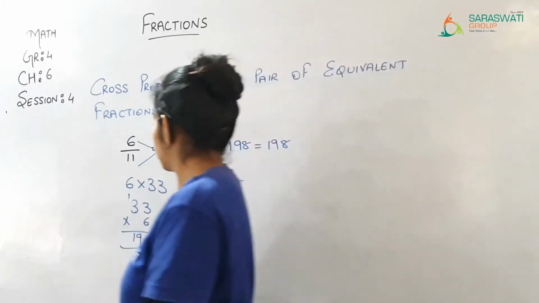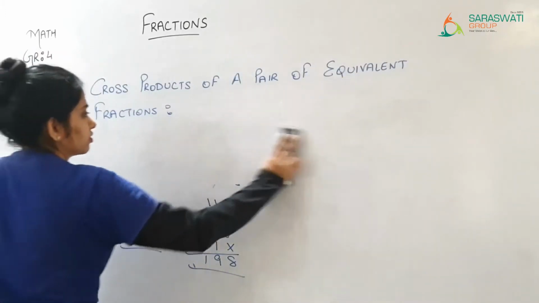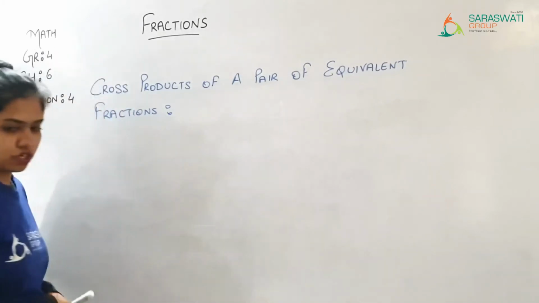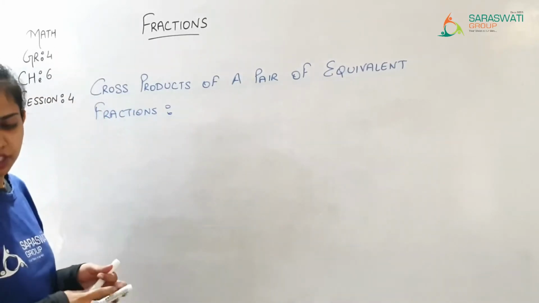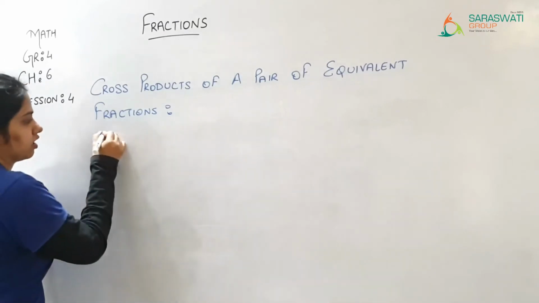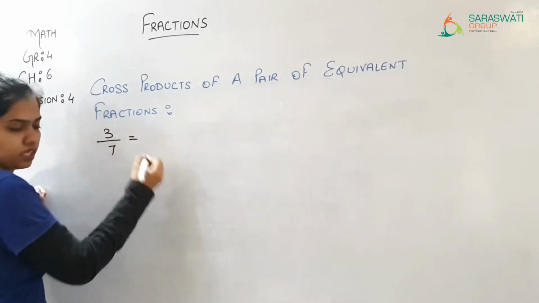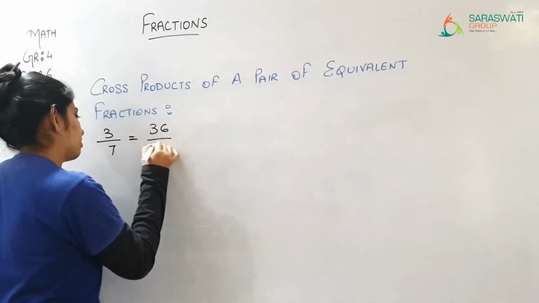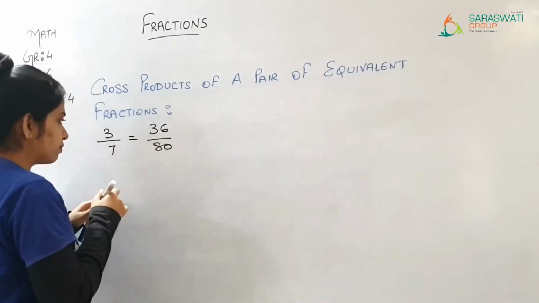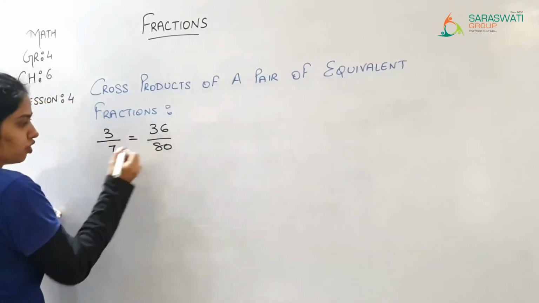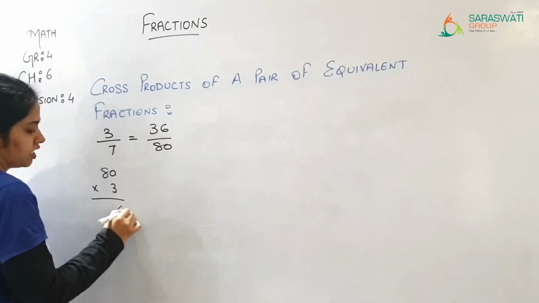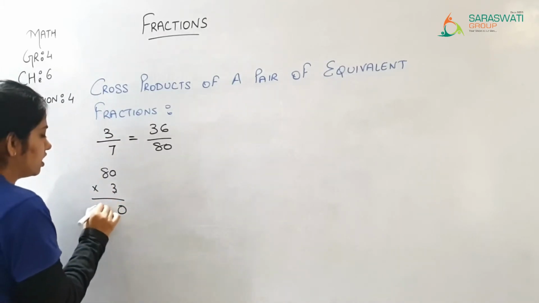Now let us take another example. So I am writing over here 3/7 and 36/80. Then let us cross multiply: 3 into 80, 80 into 3. 3 zeros are 0, 8 threes are 24.